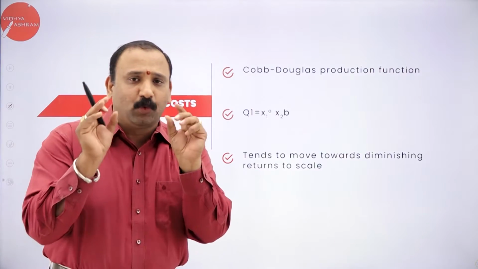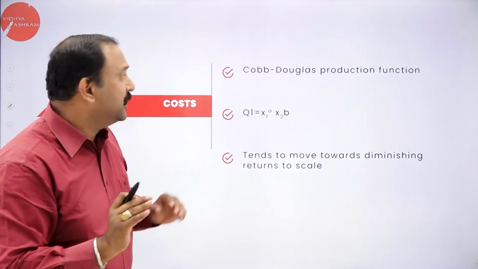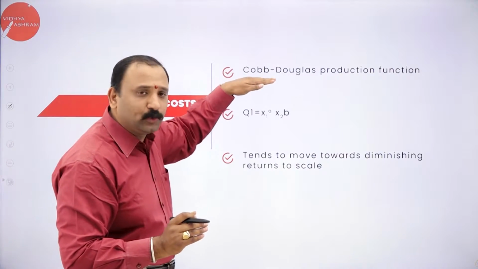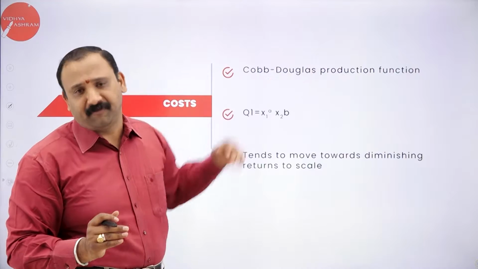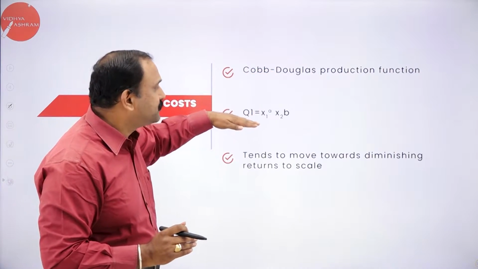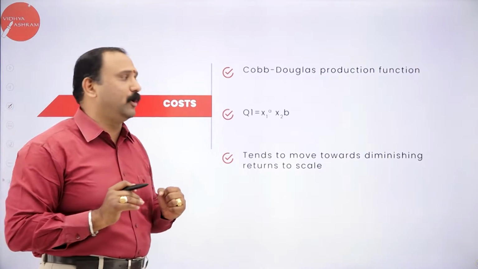In economics, the word cost has a slightly extended meaning. In order to understand that meaning, we need to go through the Cobb-Douglas production function. They were two great economists who framed this production function. What does this production function talk about?